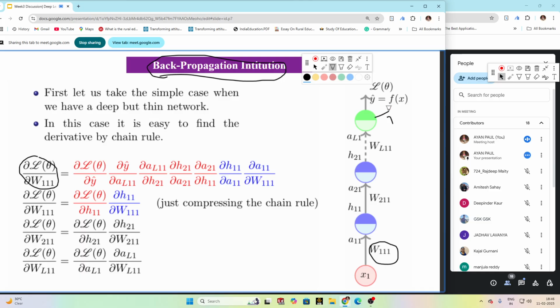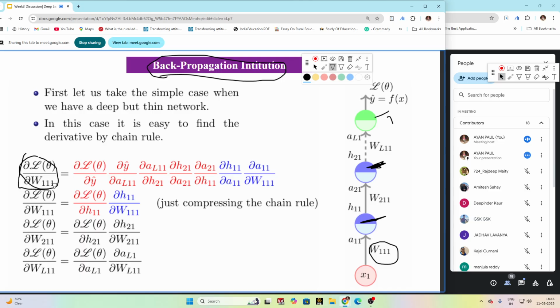There will be a loss function here, then the activation of the output neuron, then the activation of this hidden neuron, and then the next hidden neuron, and then we reach our weight W11. So we have to apply our chain rule.